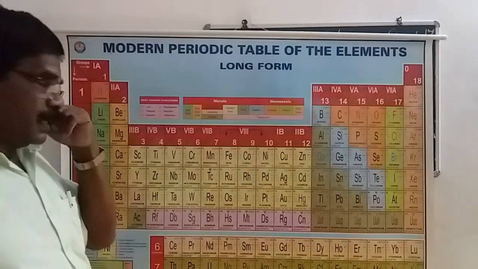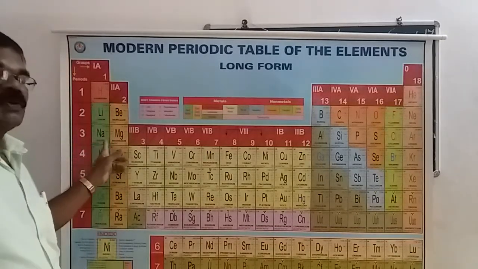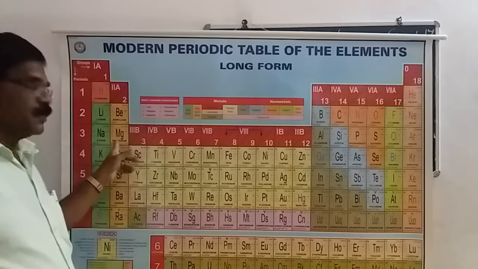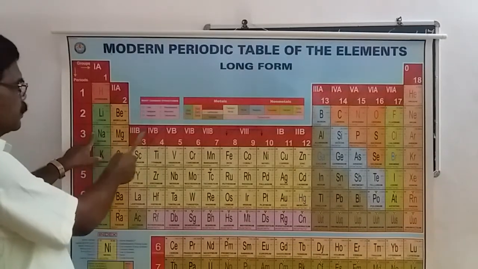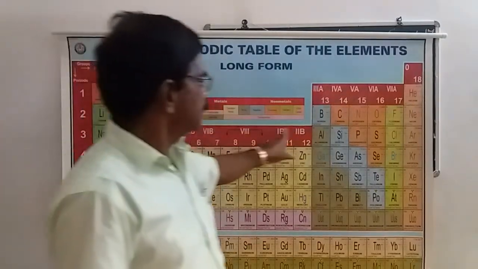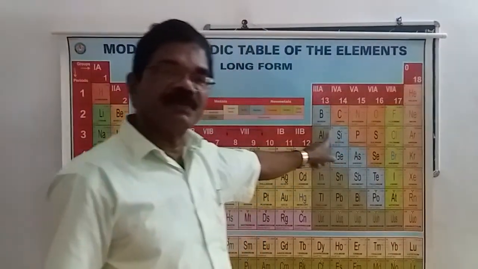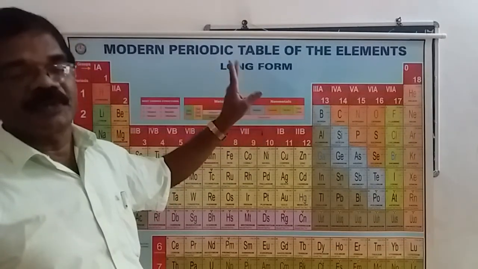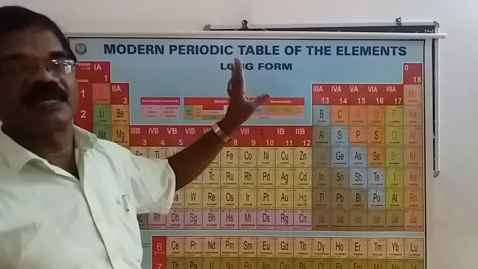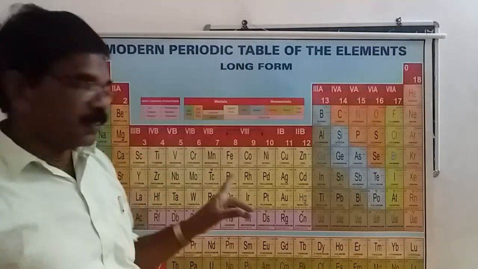On looking at the third period, what changes can we see? The atomic number increases 1 by 1. Atomic number increasing 1 by 1 means the number of protons increases 1 by 1. What does that mean? Nuclear charge increases.